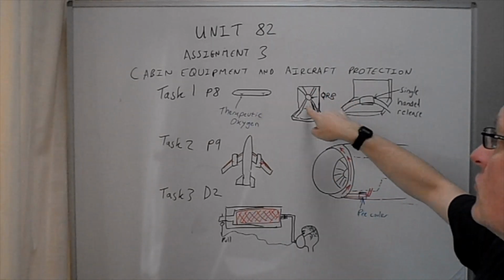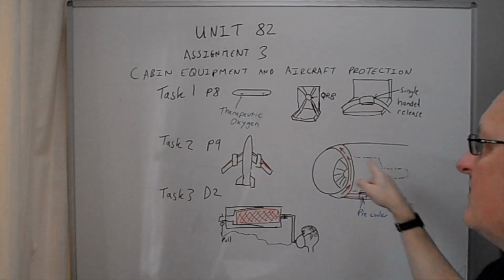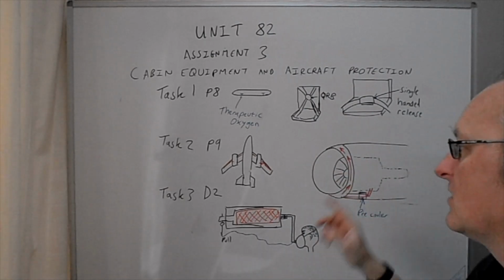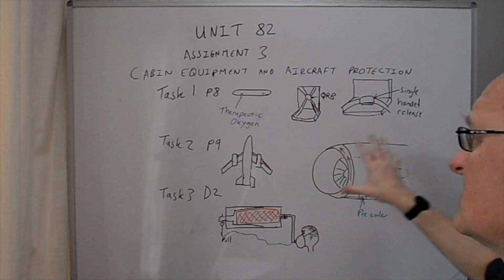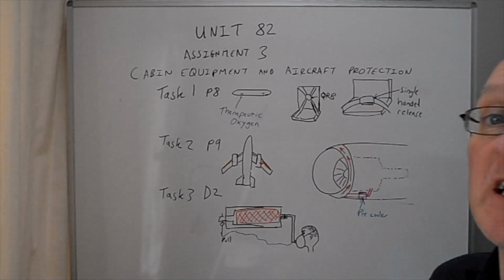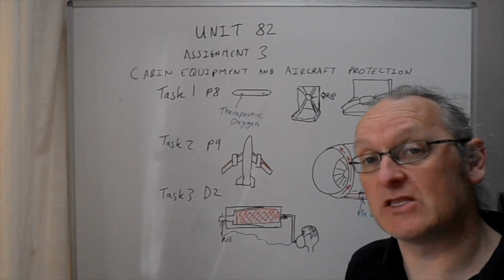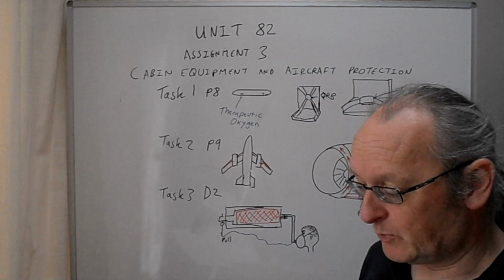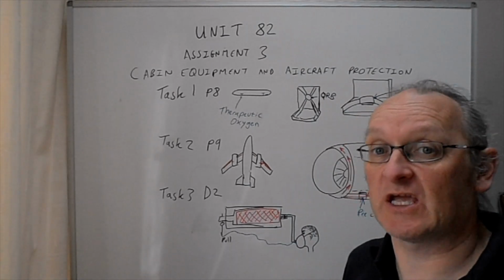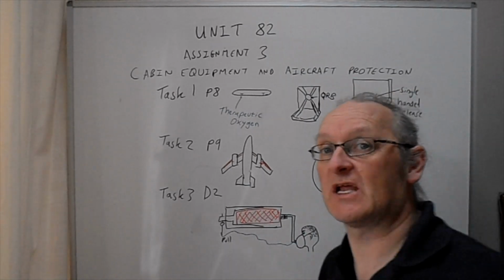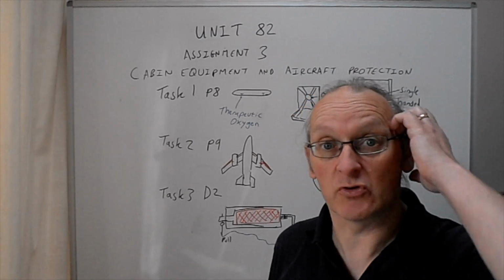You need to have a drawing of one of these, and a drawing like this. Now you don't have to draw these exact systems, or draw it exactly like that, but the P8 requires sketches. In the criteria it says produce sketches. P9 also requires sketches, so you cannot get away with not putting sketches or drawings in.